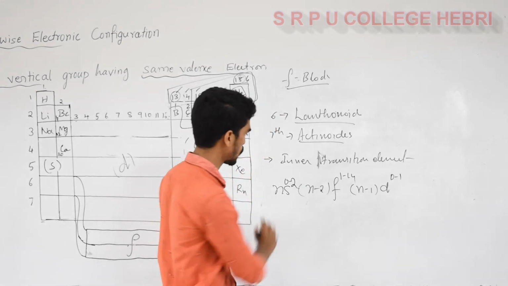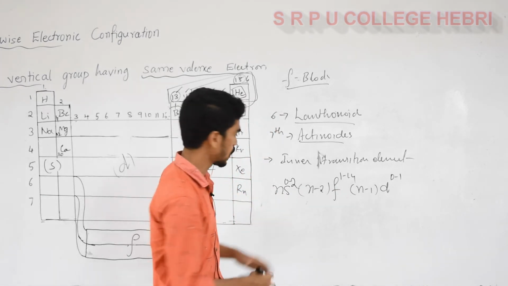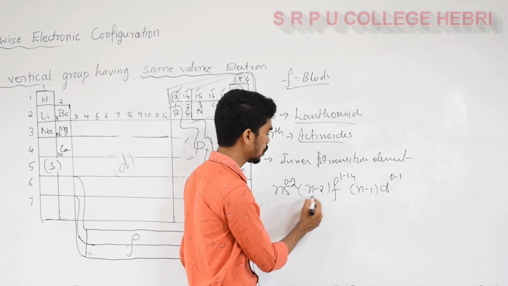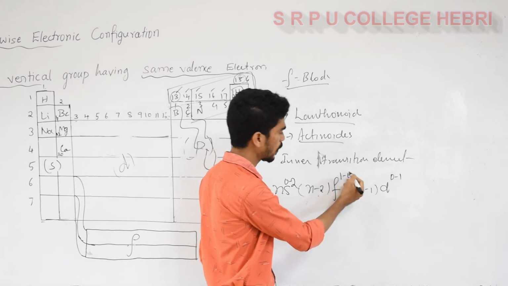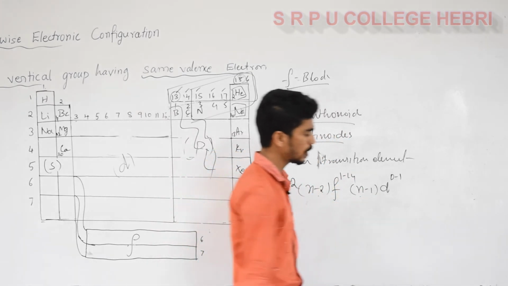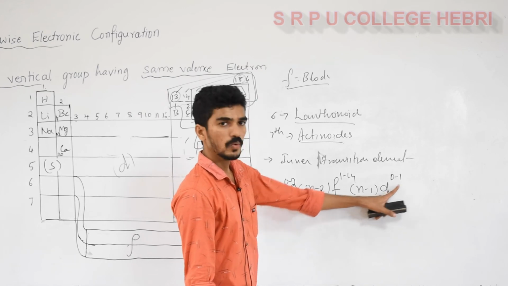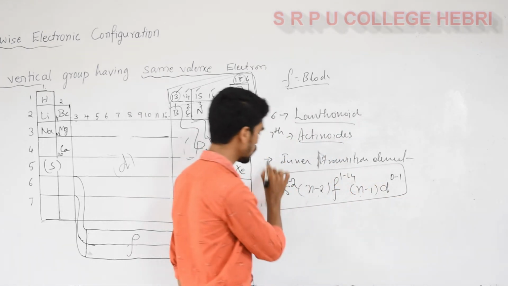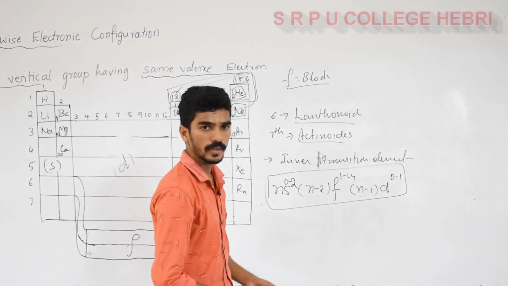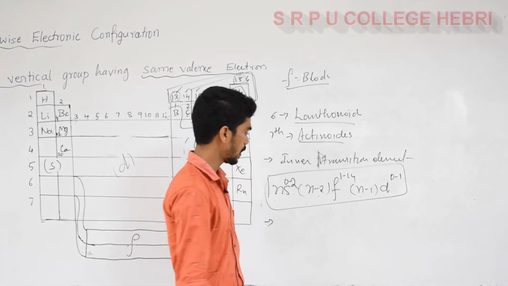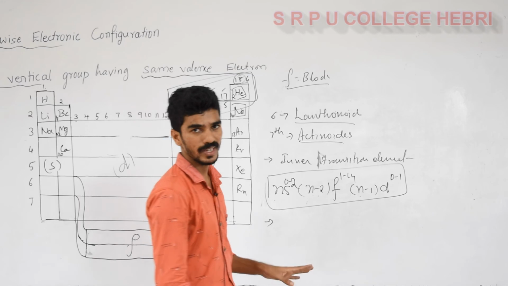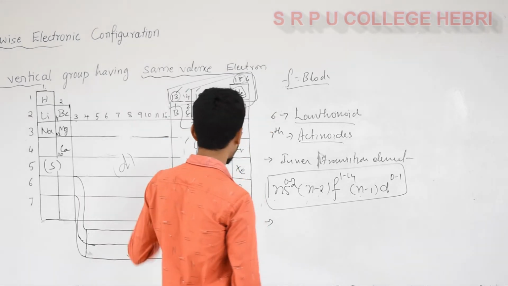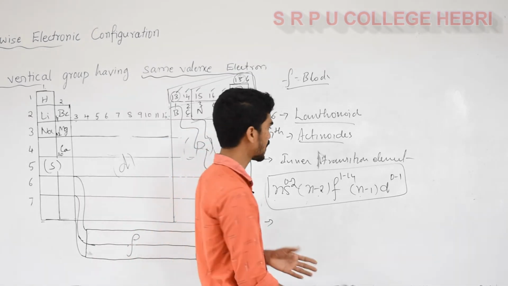So this entire configuration is of the f block element: ns 0 to 2, (n minus 2) f 1 to 14, (n minus 1) d 0 to 1. And here almost all are metals only, metallic in nature down the group.